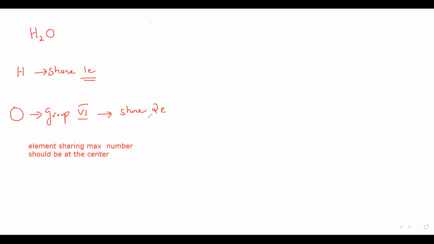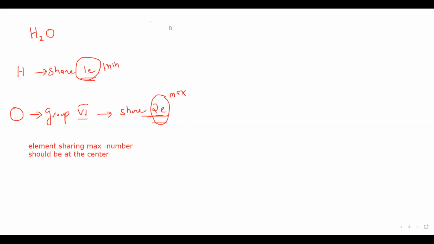Hydrogen is sharing 1, oxygen is sharing 2. Maximum number means highest number. Oxygen is sharing 2, hydrogen is only sharing 1. So which is the highest number? Oxygen, because 2 is bigger than 1. So this is maximum and this one is minimum.